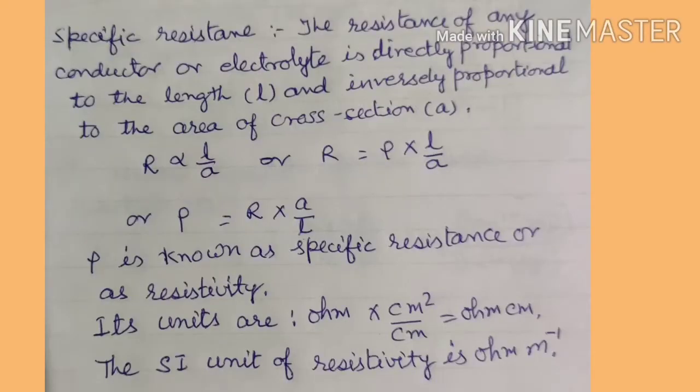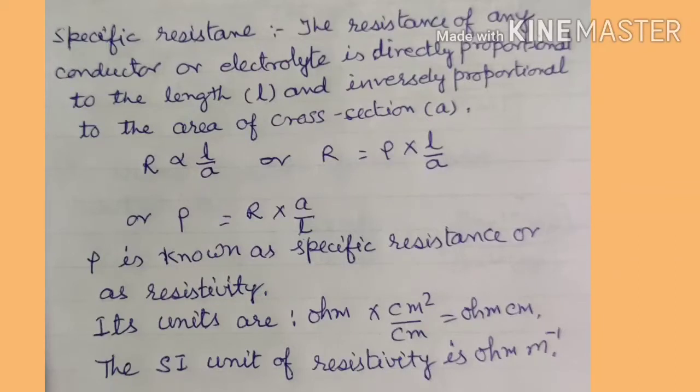Now we will study the specific resistance. The resistance of a conductor or electrolyte is directly proportional to the length and inversely proportional to the area of cross section.